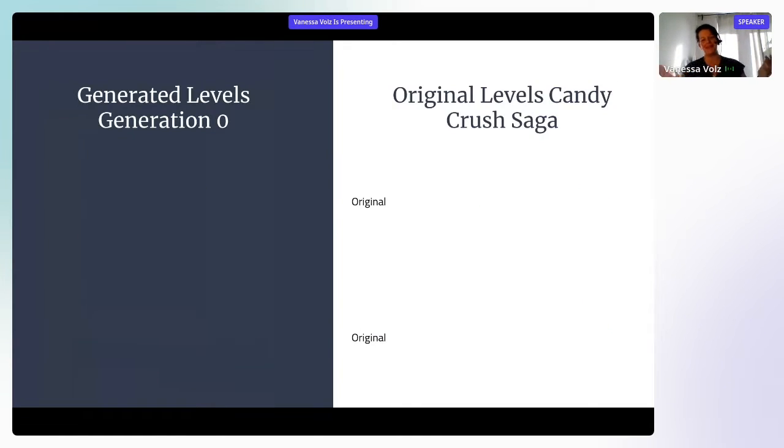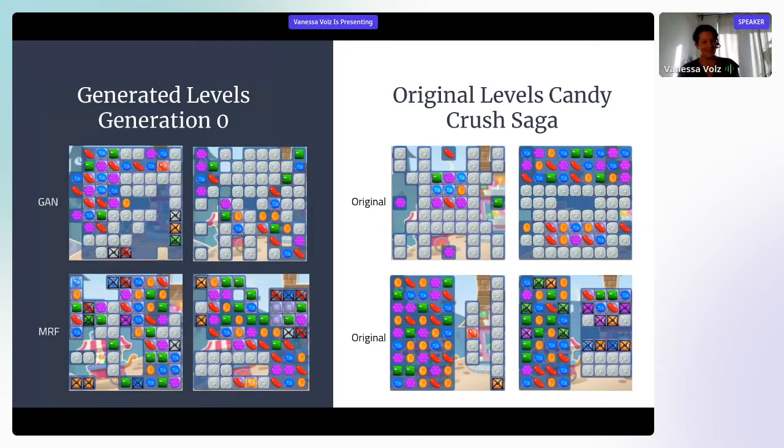And then let me show you our first attempt. They can generate Candy Crush Saga levels, and they are probably playable, but the structure is very different. So with the very first attempt, you can clearly tell there's no clear intentionality behind it.